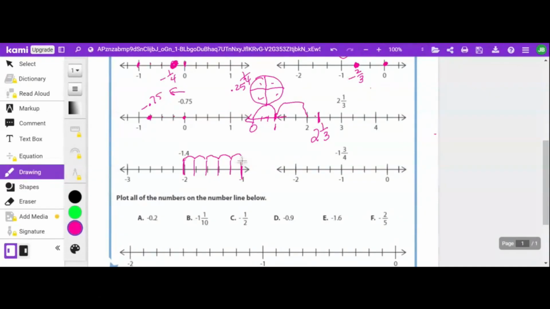What is the value of each one of these chunks? Just like up here, each chunk was 1/3. Here, each chunk was 0.25. Here, each chunk is, be very careful.